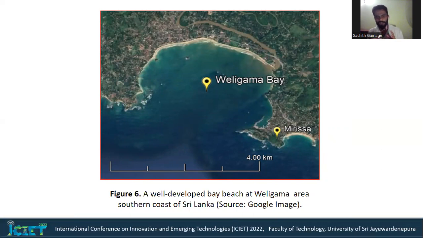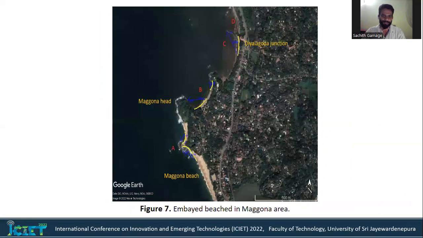Because of the eye-catching nature of this bay, a lot of tourist activities happen in this area, and a lot of foreign exchange is coming into our country. So Weligama Bay is a great example of georesources in this study area. Similarly, Maggona and Dialagoda areas also have different kinds of embayed beaches.